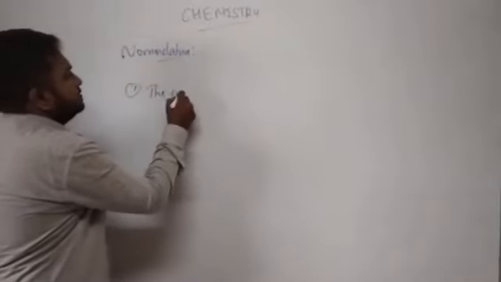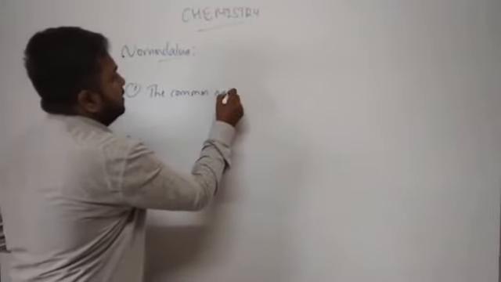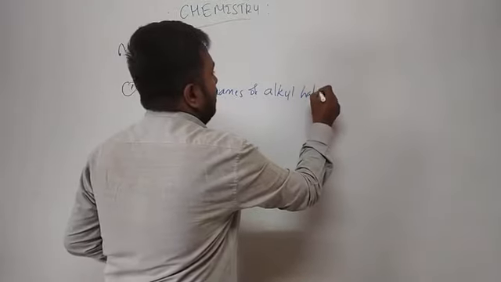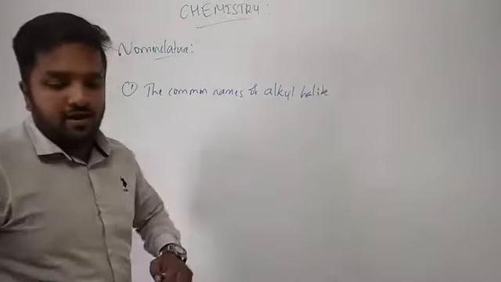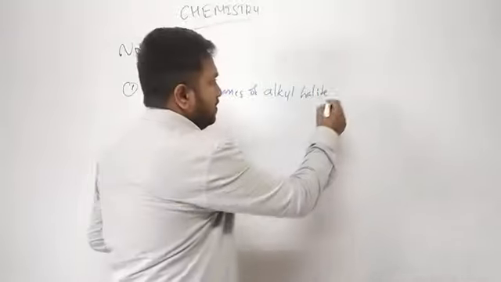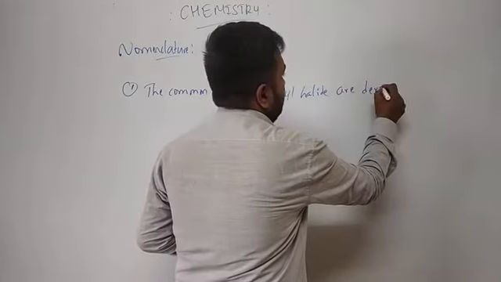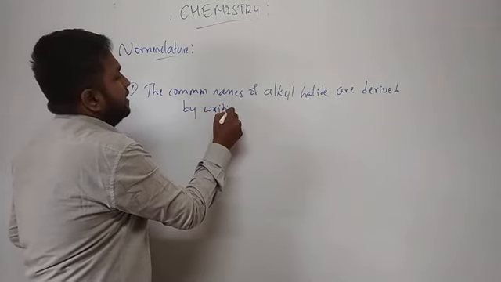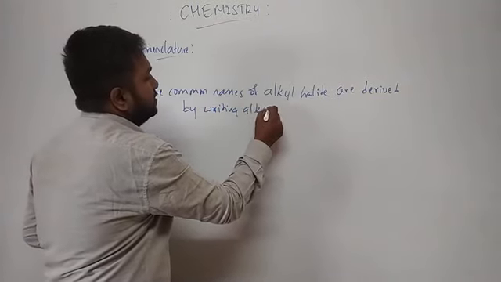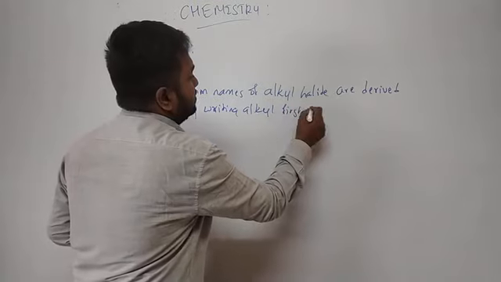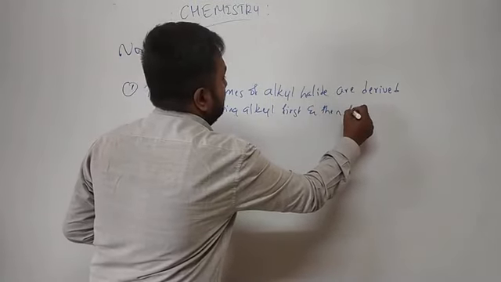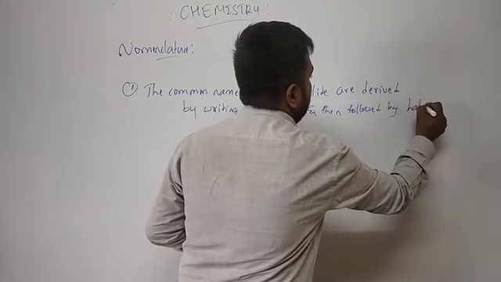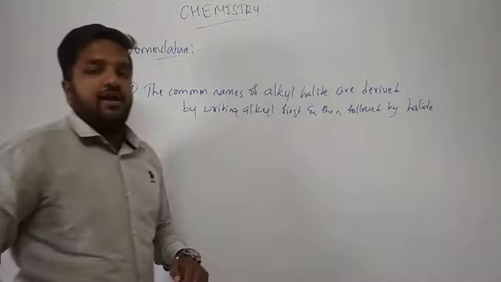The common names of alkyl halide are derived by writing the alkyl group first, and then followed by the halide group.